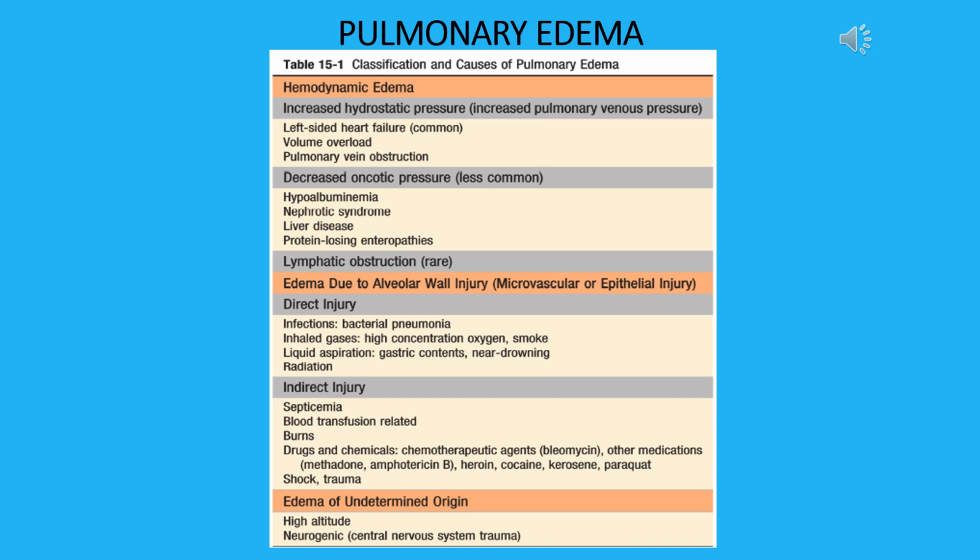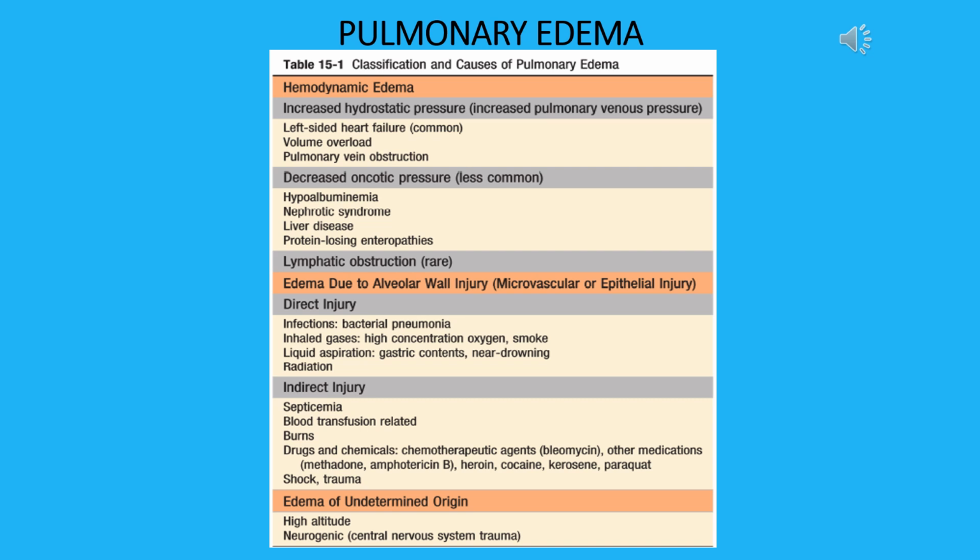The first category is hemodynamic edema associated with disturbance of your Starling's forces, specifically increase in hydrostatic pressure, such as in the case of left-sided heart failure. For the second category, this is due to alveolar wall injury, which can either be direct or indirect injury to the alveolar wall.